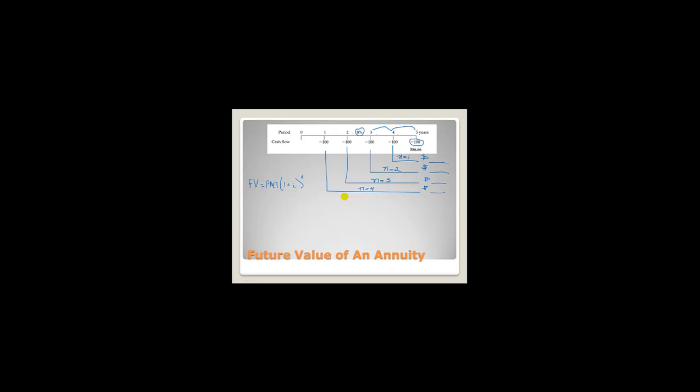When I calculate all of this manually, starting with the first $100 payment, we'll start with 1.08 raised to the 1 times 100. We don't really need the exponent of 1, and this is going to be $108.